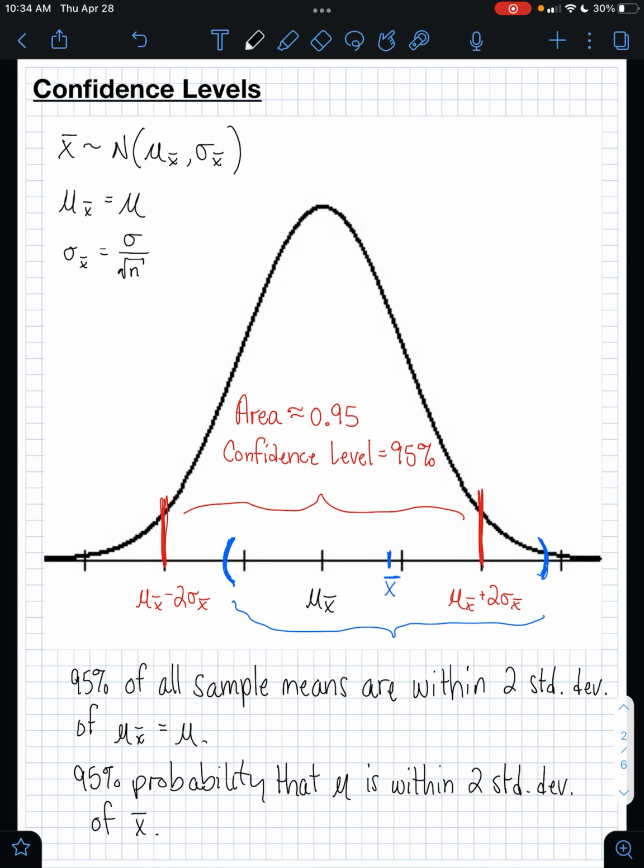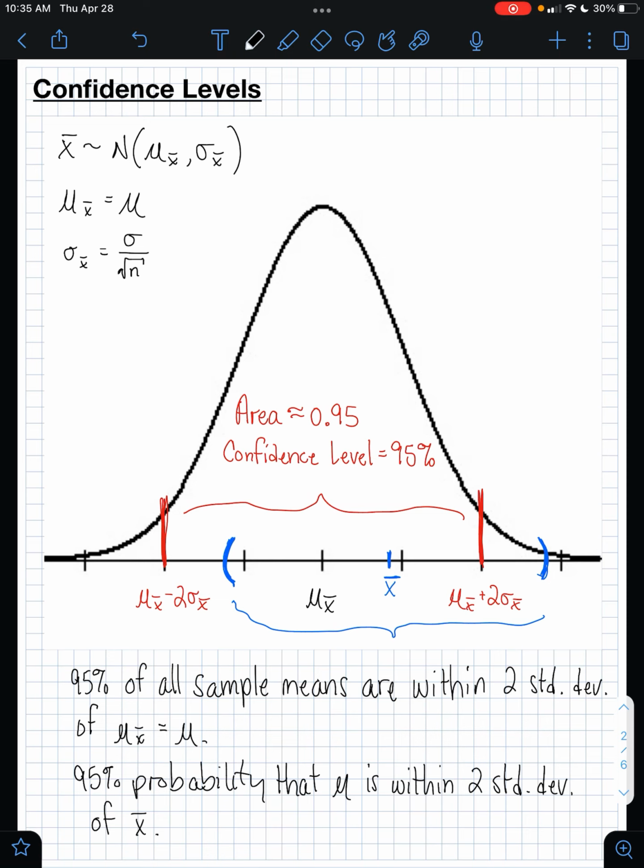So the central limit theorem was based on the idea that we would actually sit there and take repeated samples over and over and over again, and through that we'd be able to figure out the value of mu sub x bar. In this case, however, we're only going to be taking one sample. And from that one sample, it's not possible to know the value of mu sub x bar.